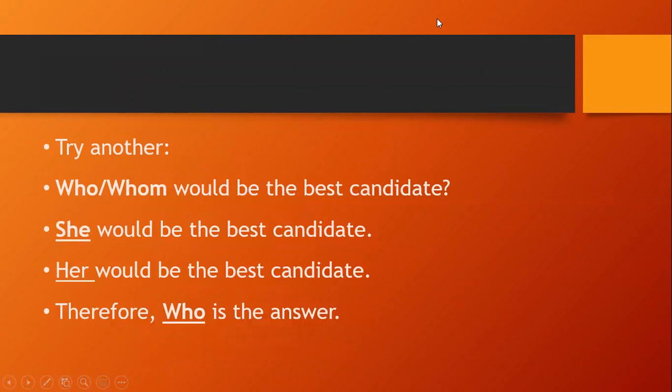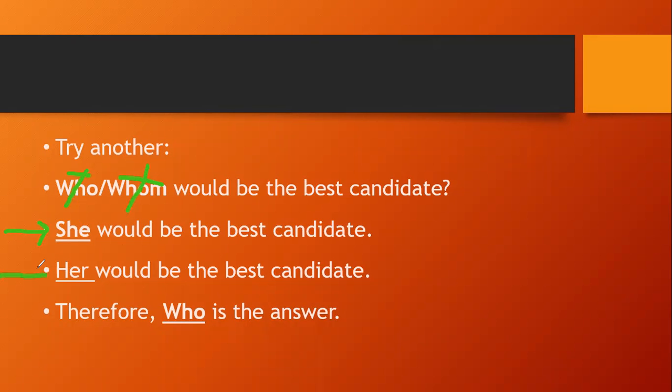One more we'll try. Here is a sentence where who or whom would be the best candidate. Now you have to select whether I shall use who or whom. As we have tried the trick, here also we'll try. First of all, instead of who, we'll use she. She would be the best candidate. Now instead of whom, we'll use her. Her would be the best candidate.